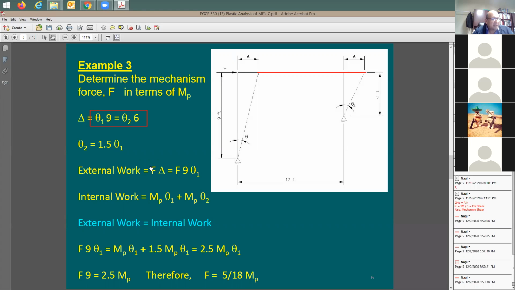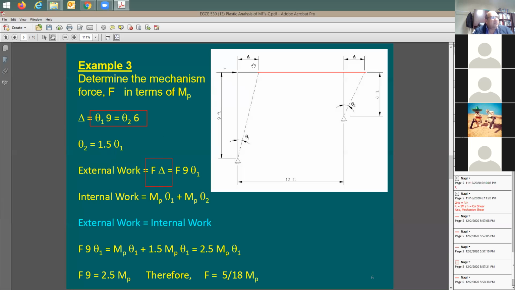I guess in my analysis, I can just use one of the thetas, right? But let me do first the work thing that we have been doing here. External work is going to be equal to F times delta. I'd like to use theta 1 in my analysis only. I don't want to see the theta 2 because otherwise I'm going to have two variables. I'd like to simplify it. And the good thing, I have a ratio between theta 1 and theta 2.